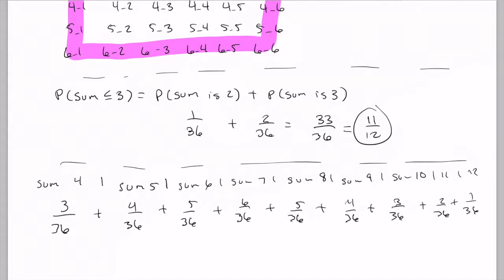If we add all this up, we're going to get 33 out of 36, which equals 11 out of 12. Whatever floats your boat.